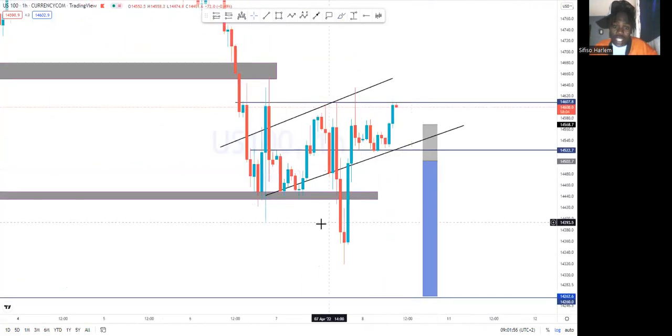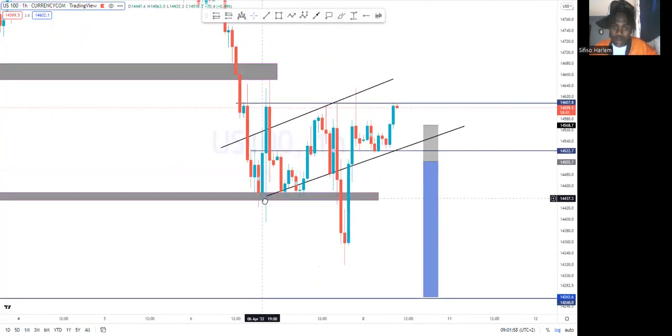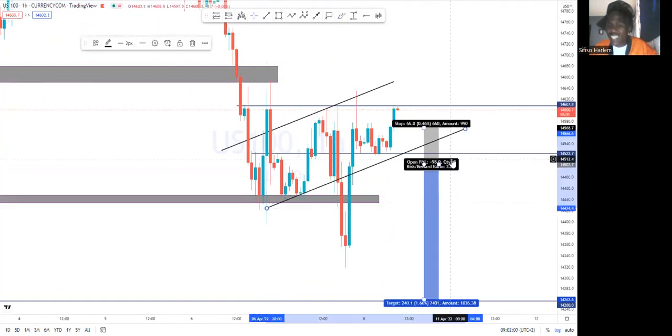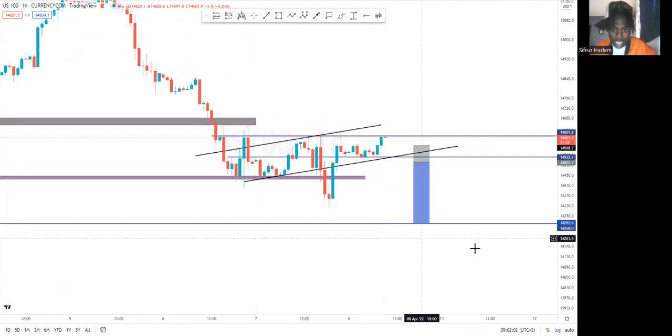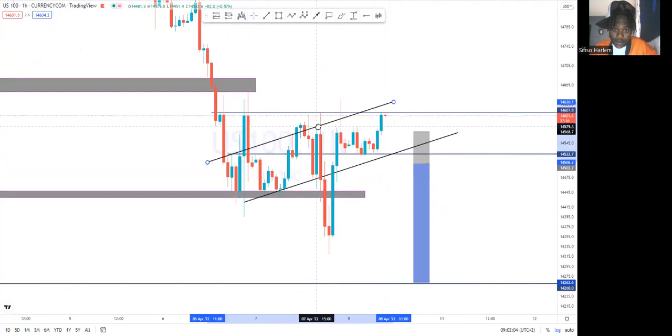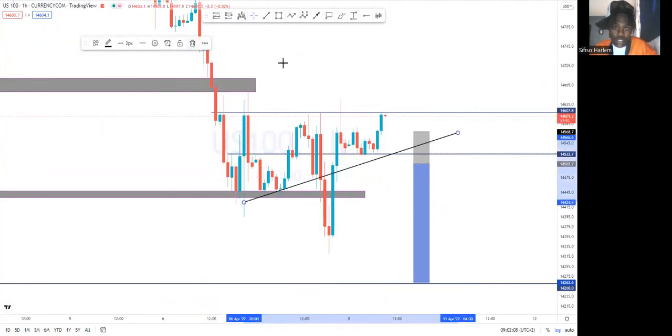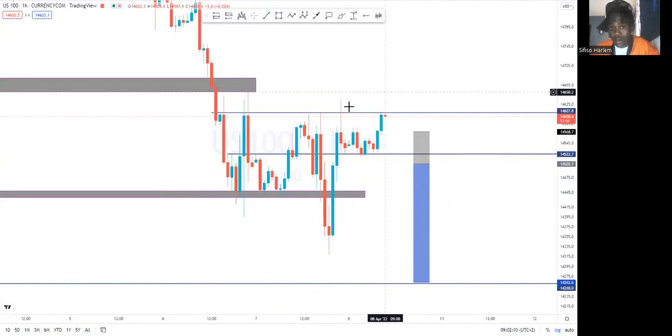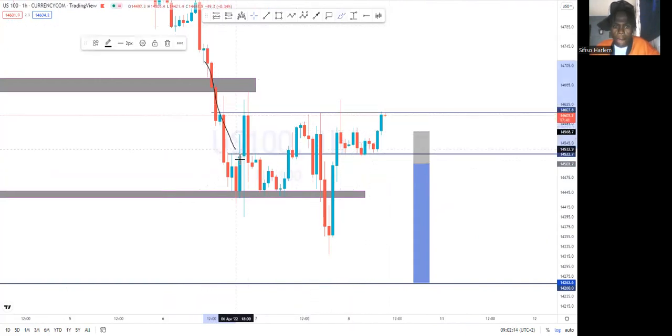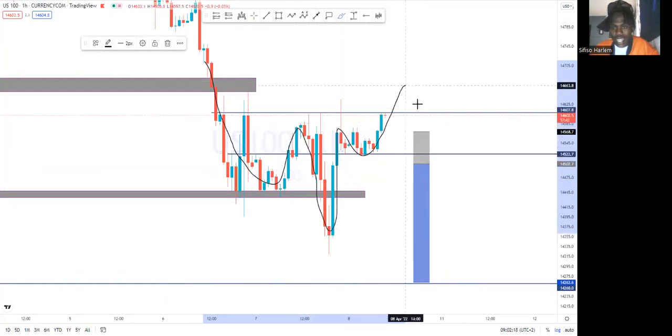With the hour, we can tell that we have kind of a flag, but at the same time, I can see a head and shoulders. I don't know what you guys see. This is what I see.